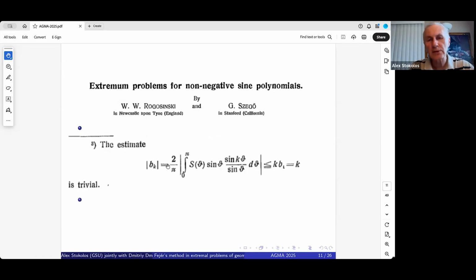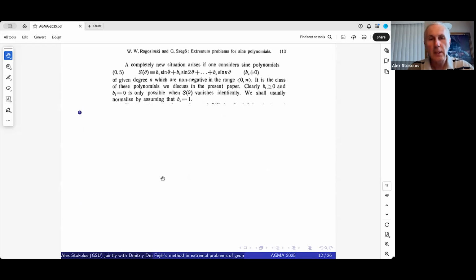So first of all, it turns out that for sine, the estimate of the coefficient less or equal than k is just trivial, it's just a one-way statement, which implies, of course, that if you have a one-to-one polynomial with real coefficients in the unit disk, then this Bieberbach estimate is trivial in this case. And it's an easy case for polynomials.